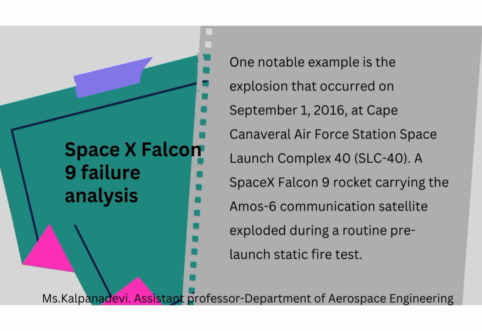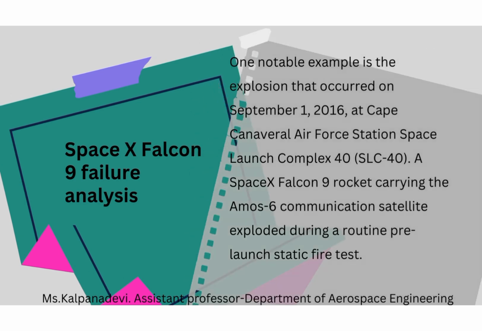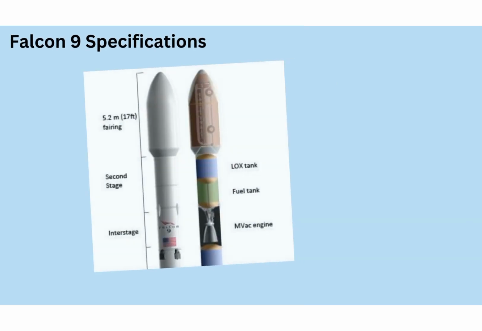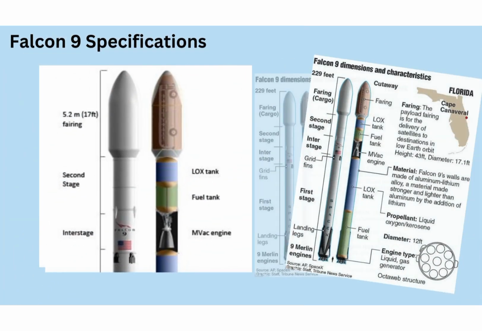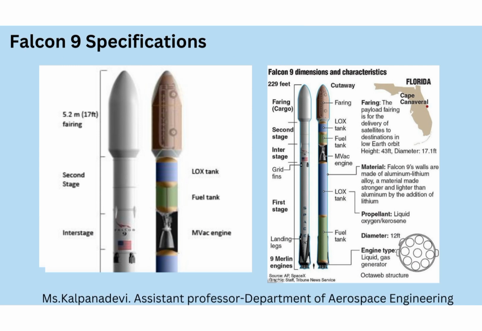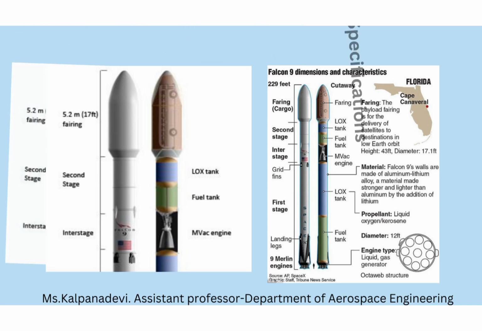Investigation and analysis came first. Then design changes: SpaceX made design modifications to prevent similar incidents in future. This included evaluating the design of the composite overwrapped pressure vessels (COPV), and then procedural changes and testing and validation.